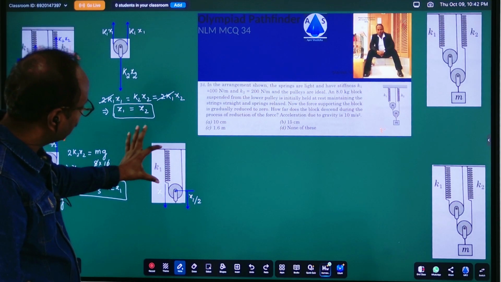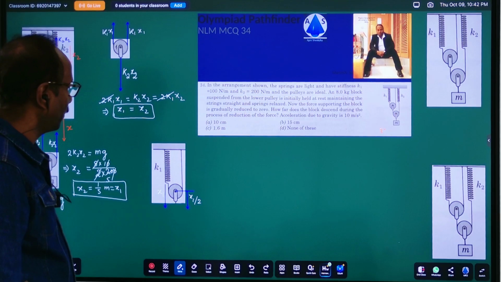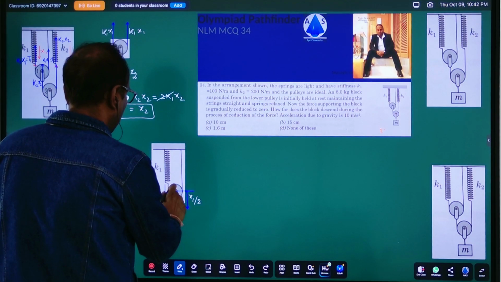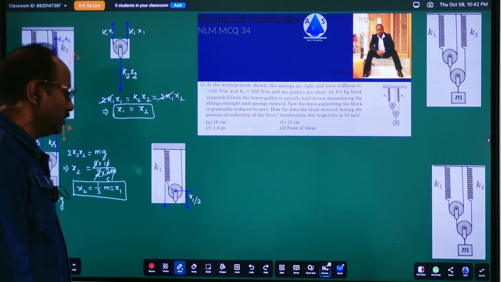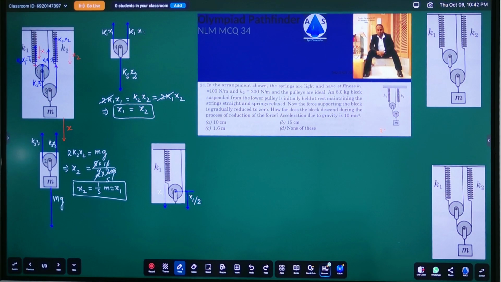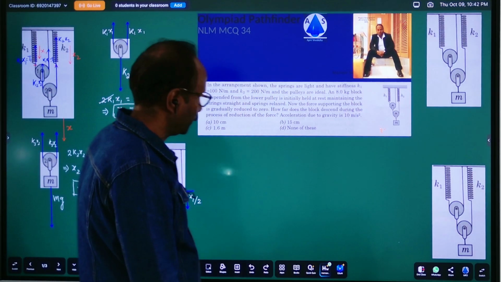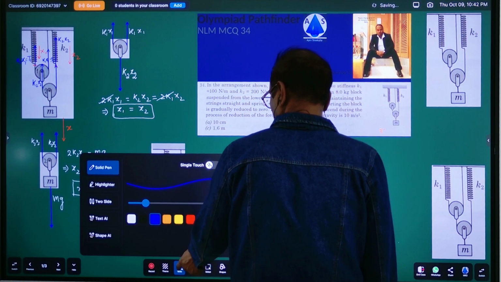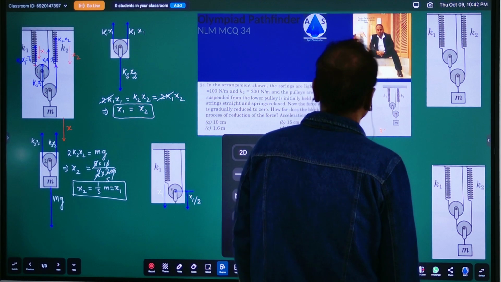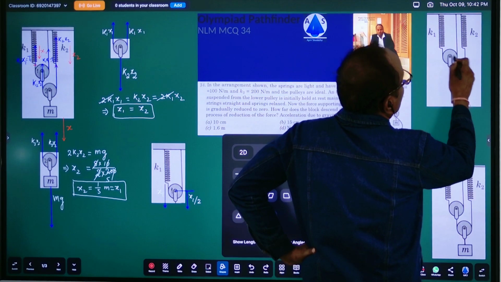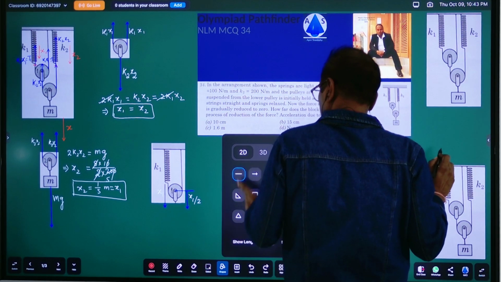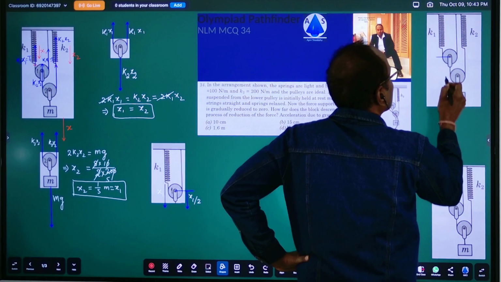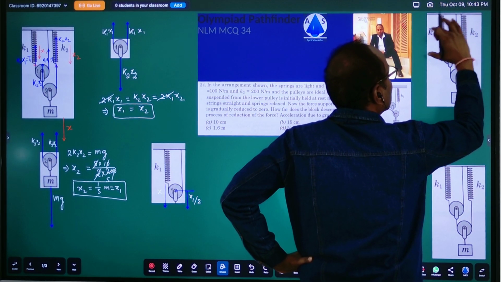So it means because of spring 1, the number one pulley will go down by x1 by 2. This pulley has gone down by x1 by 2 because of the elongation of x1 in this spring.